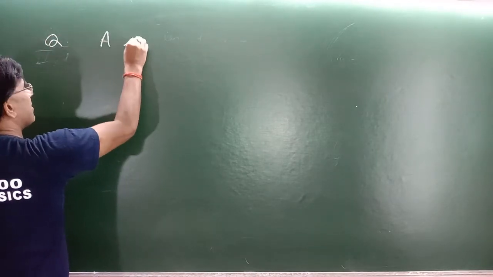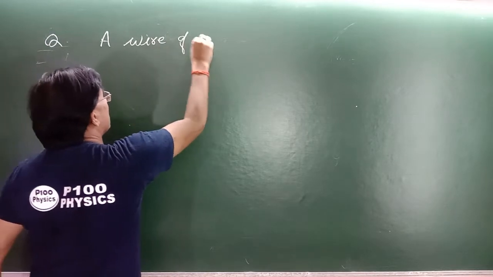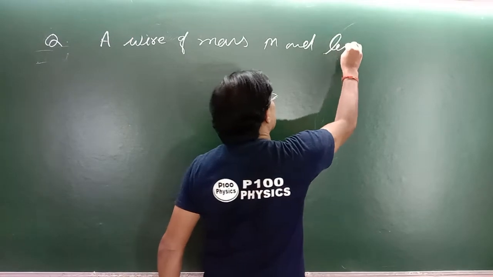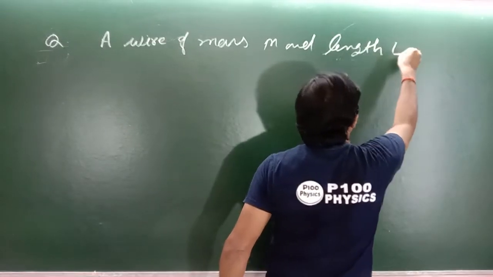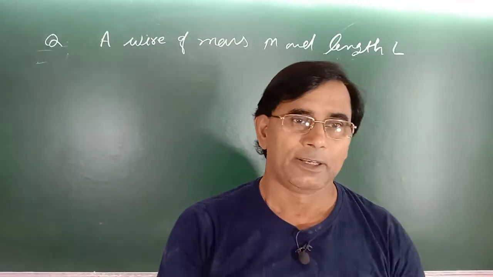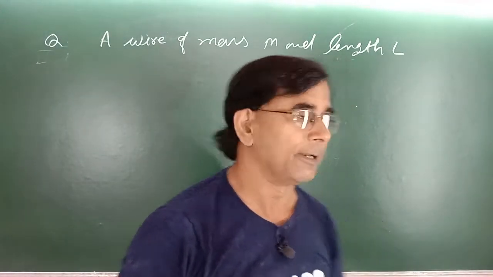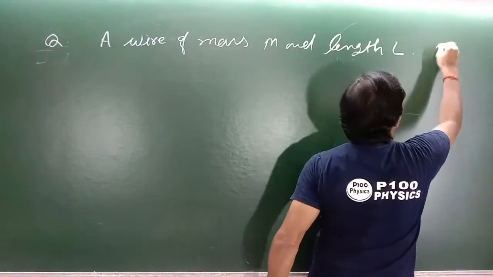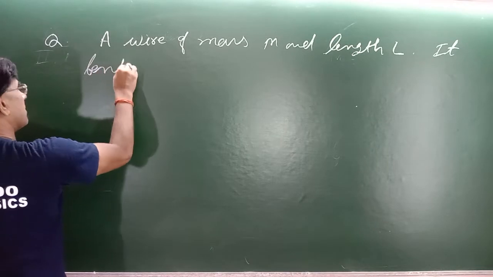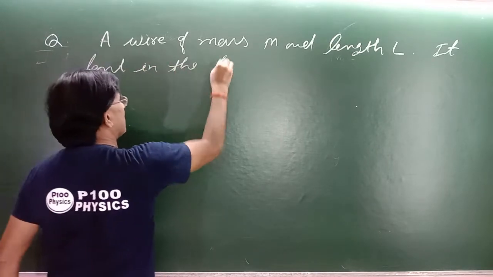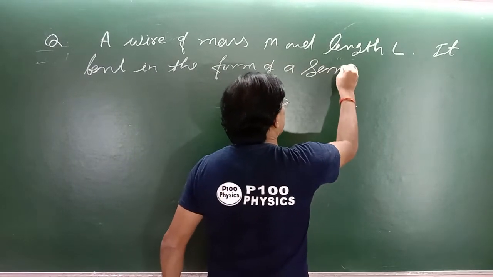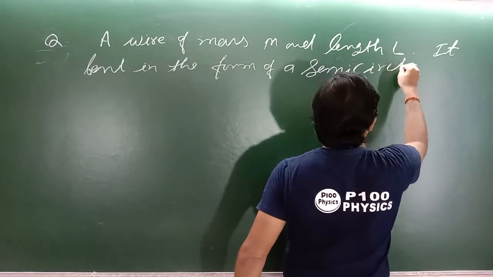A wire of mass m and length L. You have been given a wire of mass m and a length L. It is folded in the form of a semicircle.